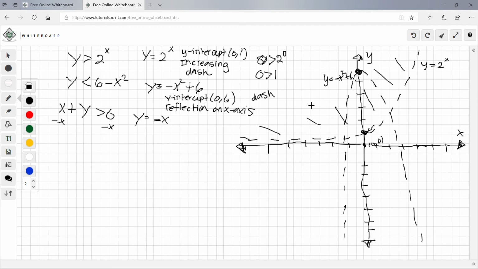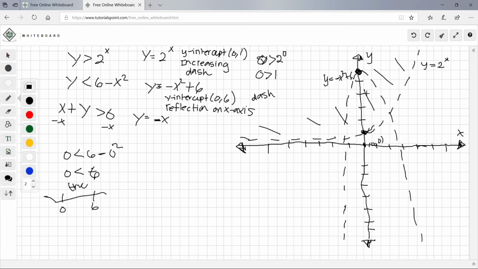Now we got to figure out the shaded region, so I could use 0, 0 as well. I'm going to put it into the original inequality. So it's 0 less than 6 minus 0 squared. So 0 less than 6. I think so. I'm not sure, but here's 0 and here's 6. Yes, it's true.